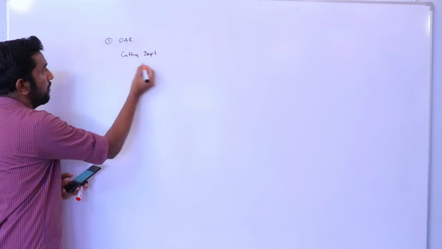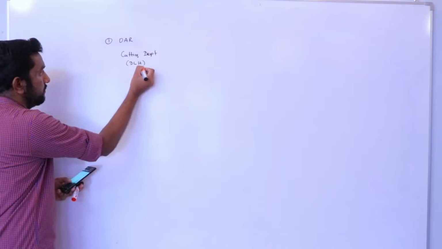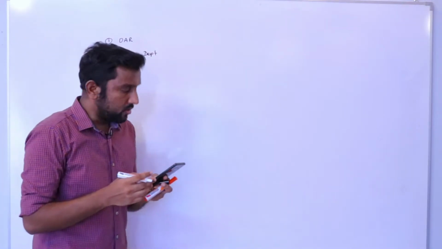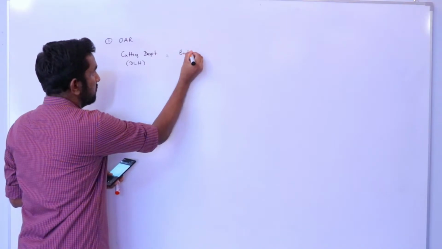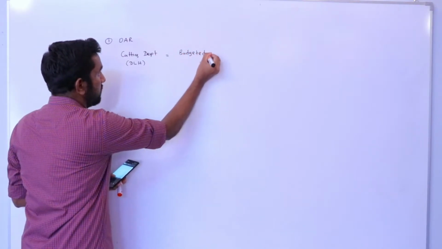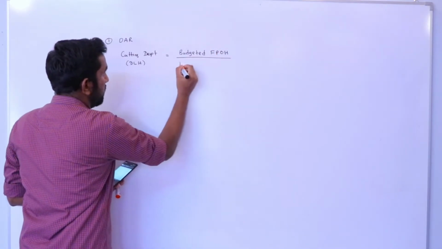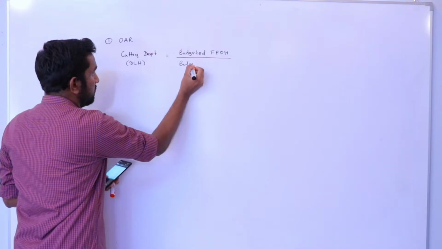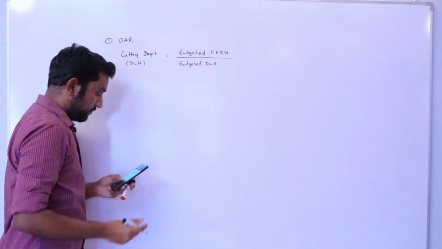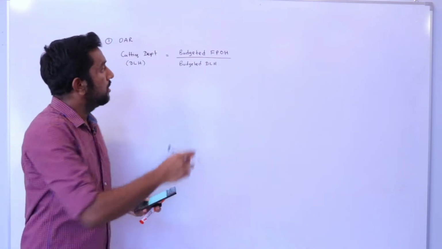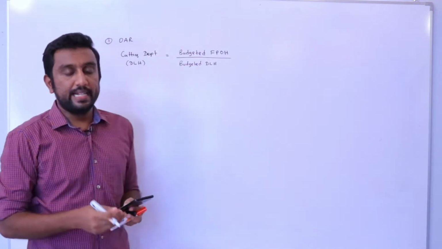based on what? Direct labor hour, right. So equation is what? OAR equals budgeted fixed production overhead divided by budgeted direct labor hours. So these are total budgeted, actually total fixed production overheads and budgeted total direct labor hours.